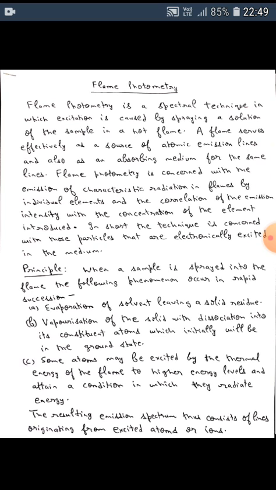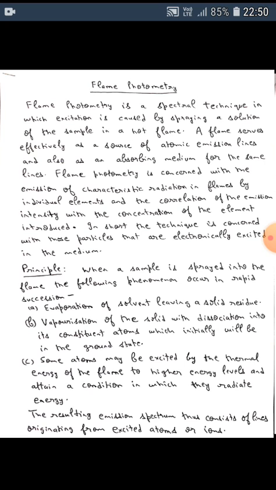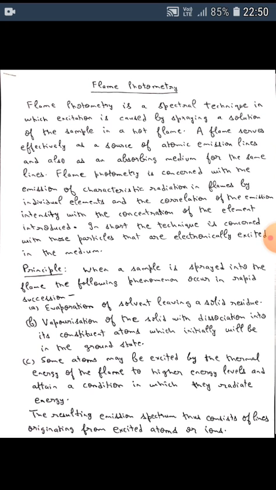Flame photometry is different from atomic absorption spectroscopy in that the former is based upon the behavior of particles that exist in the ground state in the flame, whereas the latter is concerned with those particles that are electronically excited in the medium.